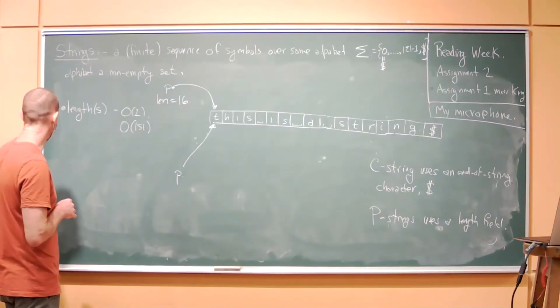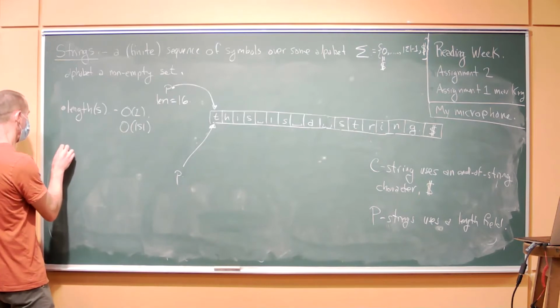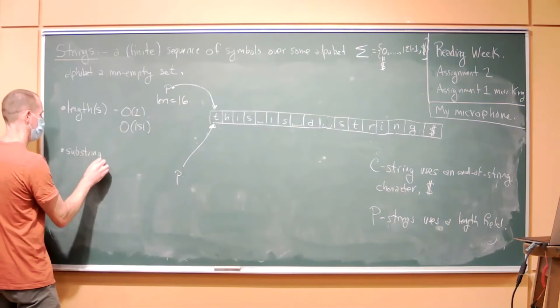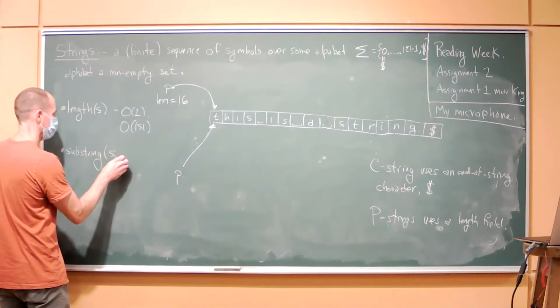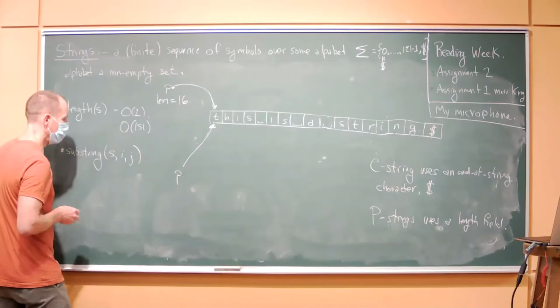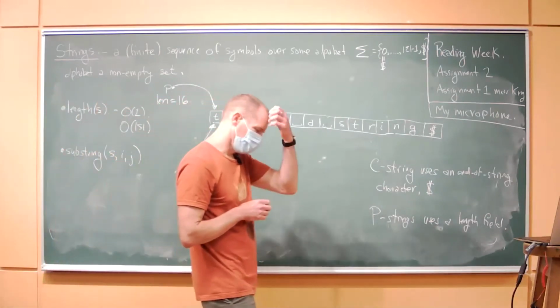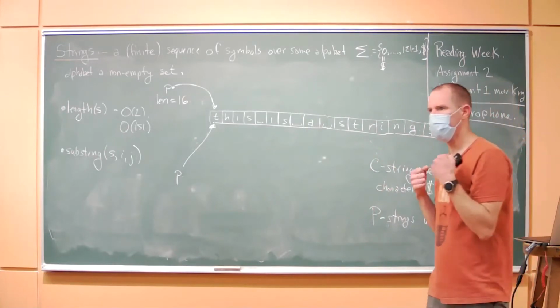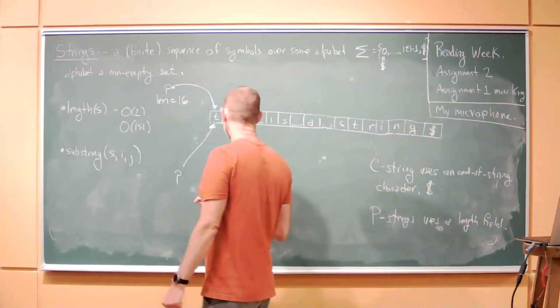That's a small issue, but a bigger issue is substrings. Something you often want to do with a string is to extract a substring between two indices, right?